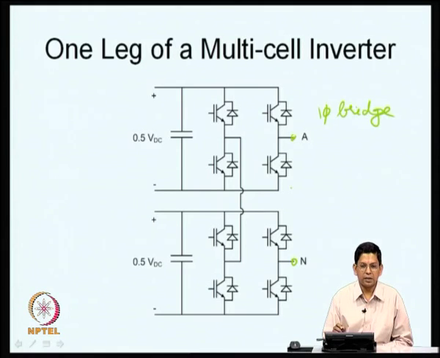It can be VDC, it can be 0.5 VDC, it can be 0, or it can be minus 0.5 VDC, or it can be minus VDC. So, different voltage levels are possible here, and this is where you can connect one of the phases of the load across these two terminals. This is again one leg of a multi-cell inverter. So, these are various topologies for realizing what is really a multi-level inverter.